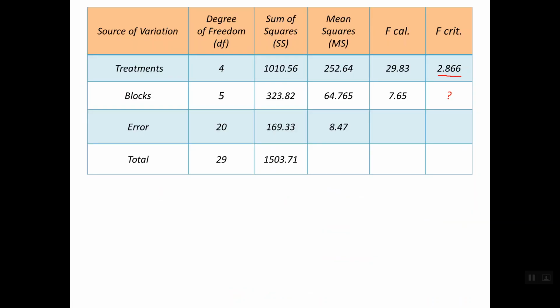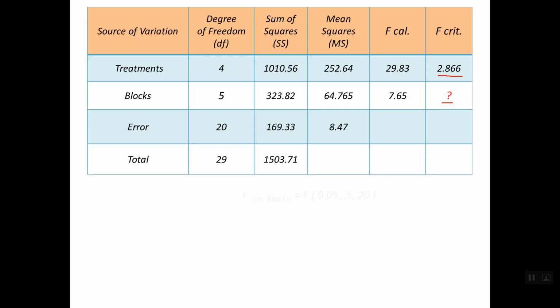So this is the value of the F critical for the treatment. The last missing one is the value of the F critical for the blocks.